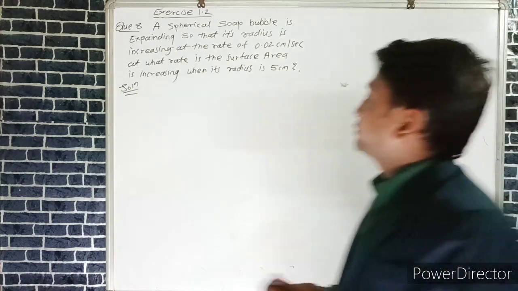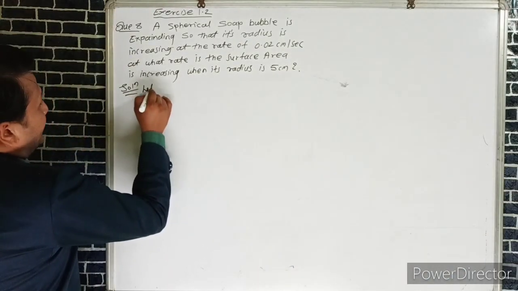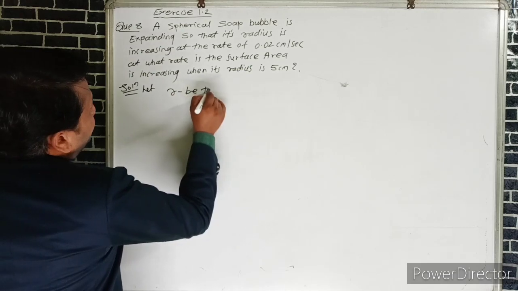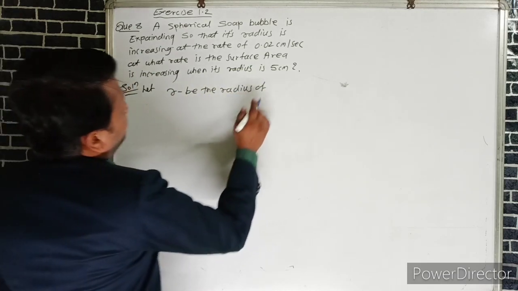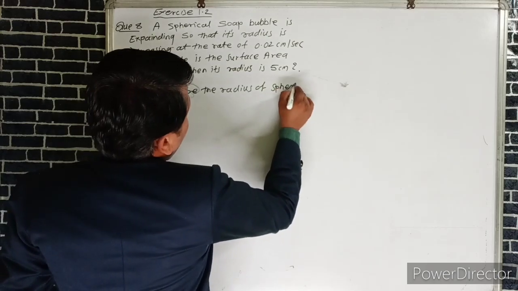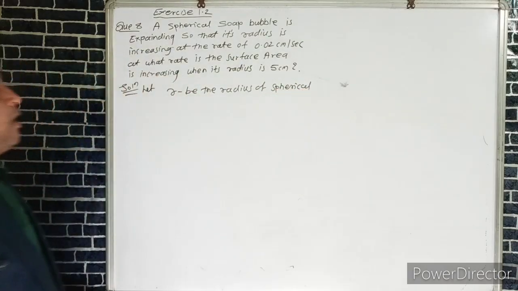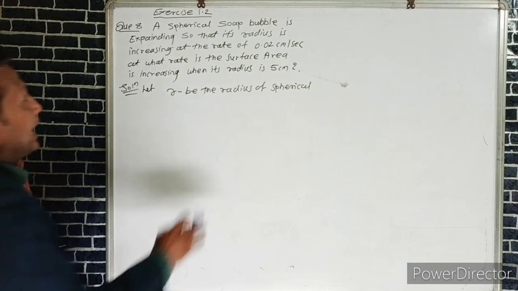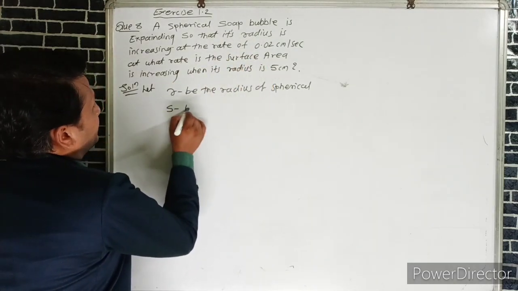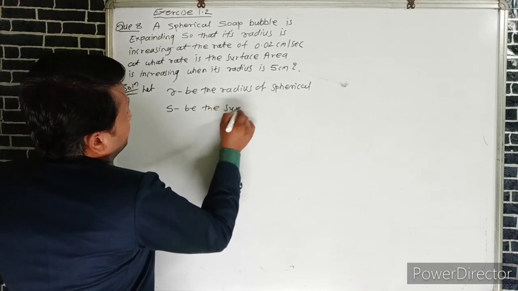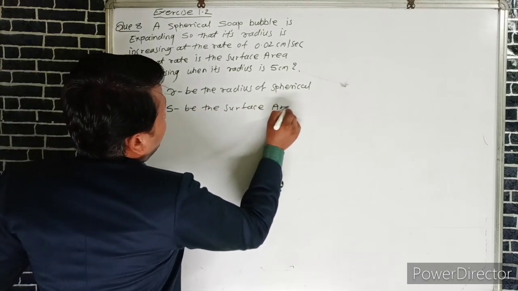So, first we consider that let r be the radius of the spherical soap bubble or sphere. After that, we have to find surface area, meaning let S be the surface area.